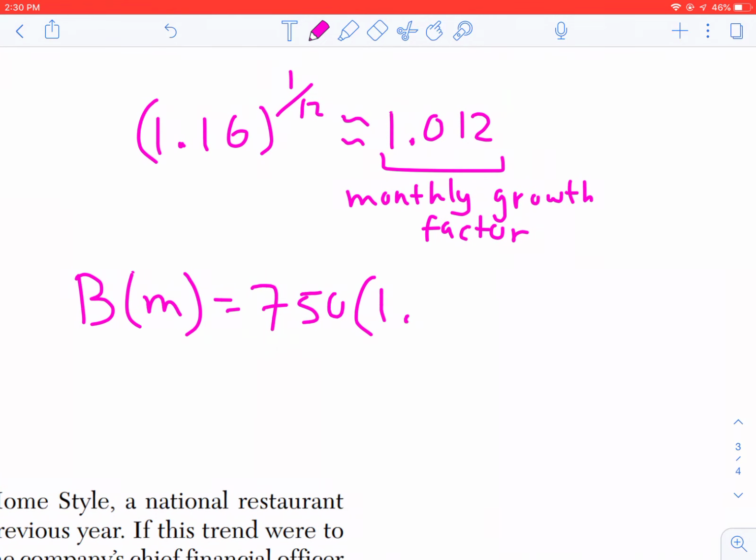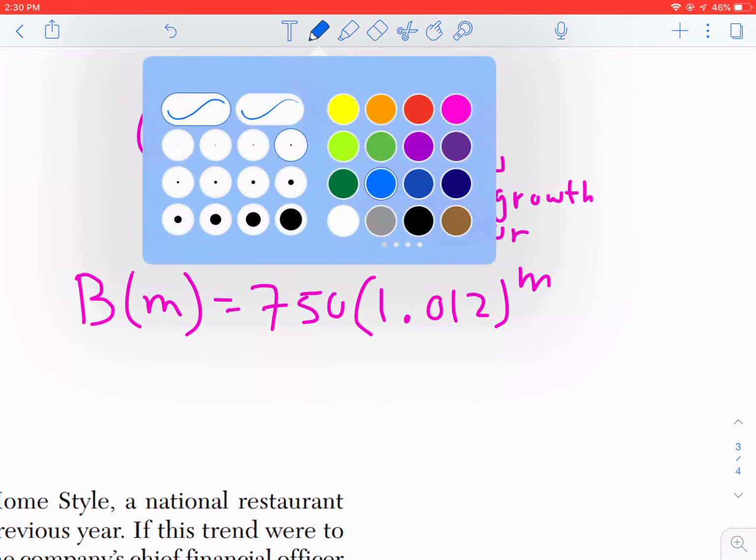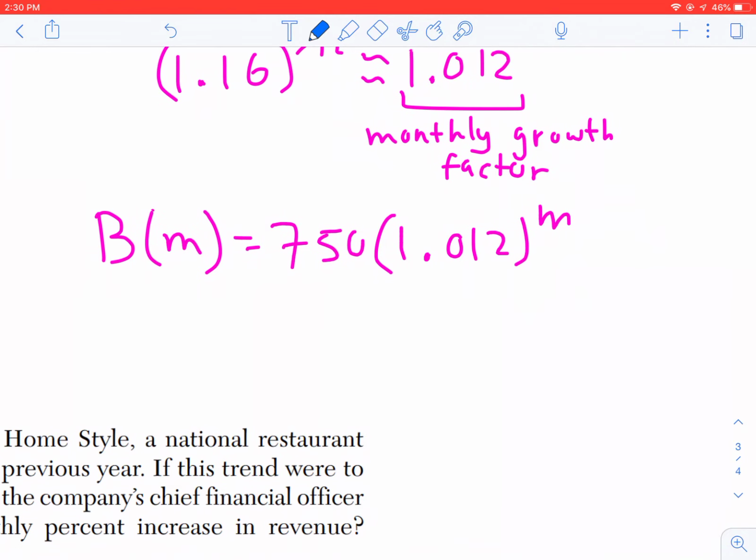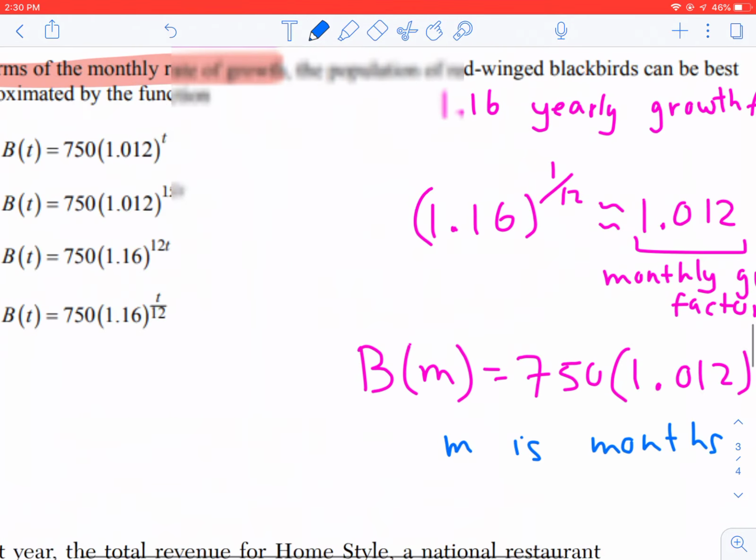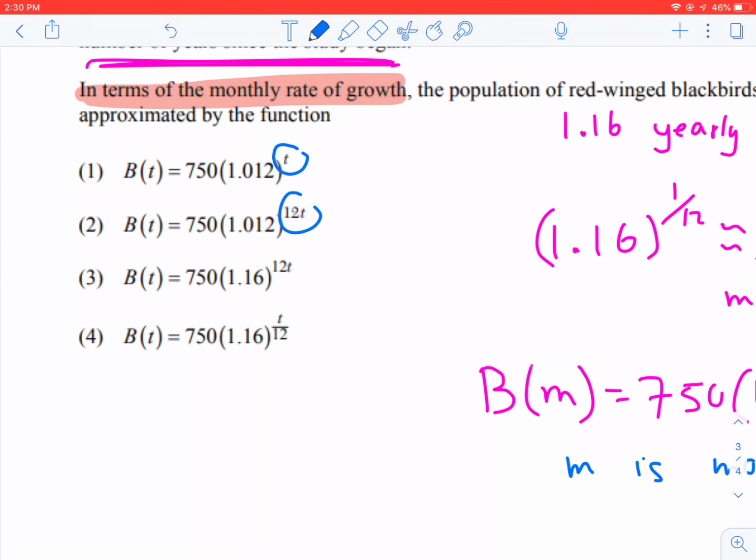The monthly growth factor is 1.012, and that would be to the m power, because each month it grows by a factor of 1.012. So this would be a perfectly fine equation where m represents months, right? So this is not one of the choices, because the choices still use t in years.